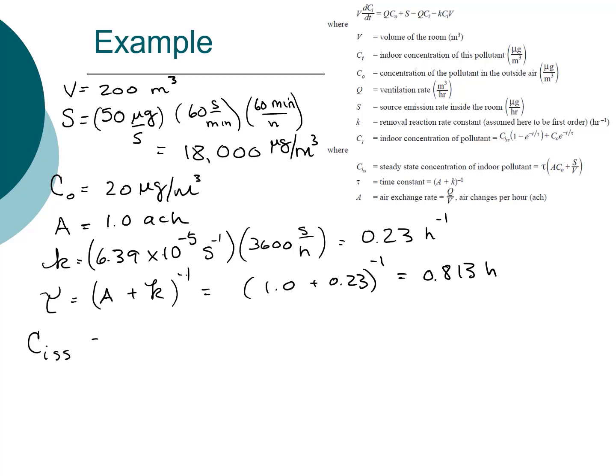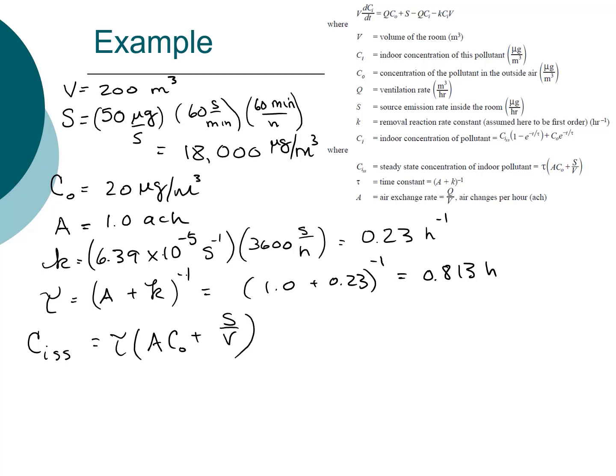And we'll calculate the indoor concentration at steady state, and this is because of the way that the equations are given here. And that is equal to tau times (A C0 plus S over V).